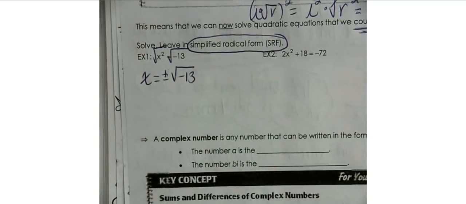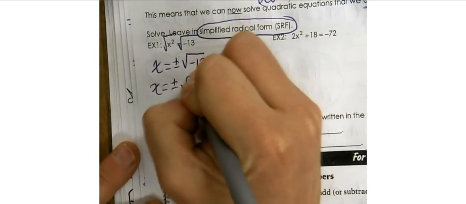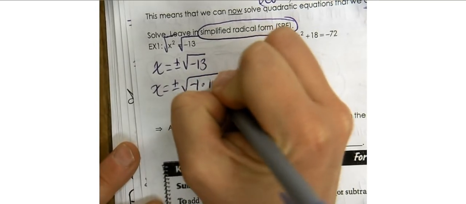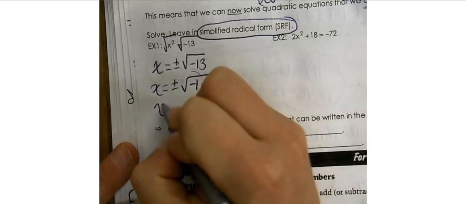For example number 1, the first thing I'm going to do is get rid of the square by taking the square root of both sides. By doing that, we now have x is equal to plus or minus the square root of negative 13. Negative 13 is equivalent to negative 1 times 13, and the square root of negative 1, we know, is equal to i.